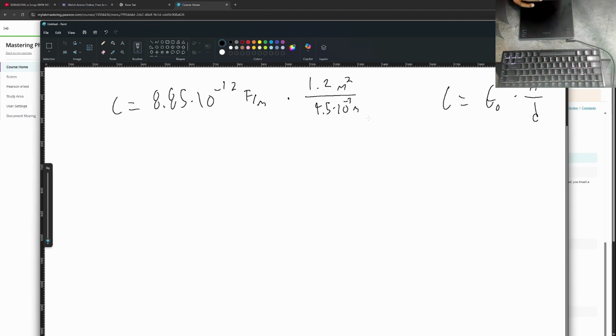So 1.2 divided by 4.5 times 10 to the power of negative 3 gives 2.6 times 10 to the power of 2, times 8.85 times 10 to the power of negative 12. And so then we get a capacitance of 2.36 times 10 to the power of negative 9 farads.